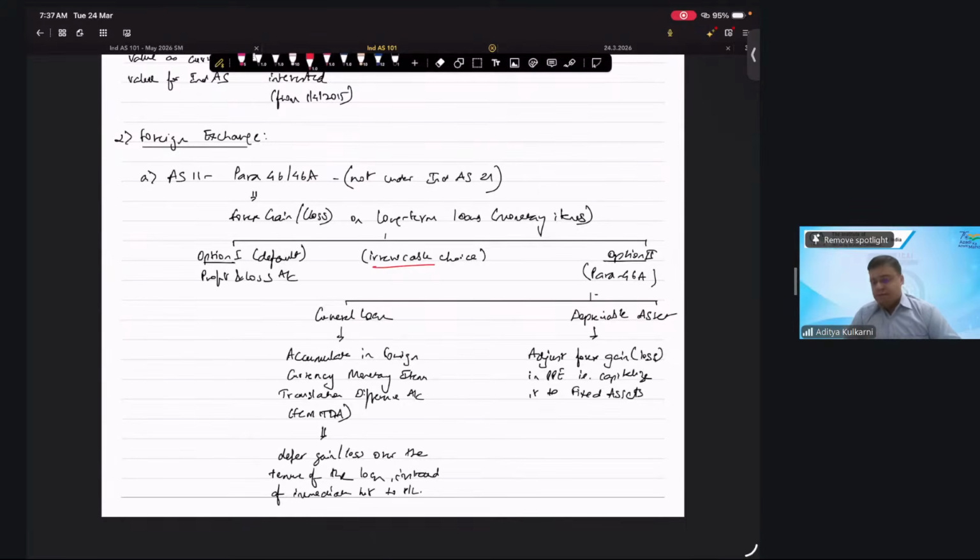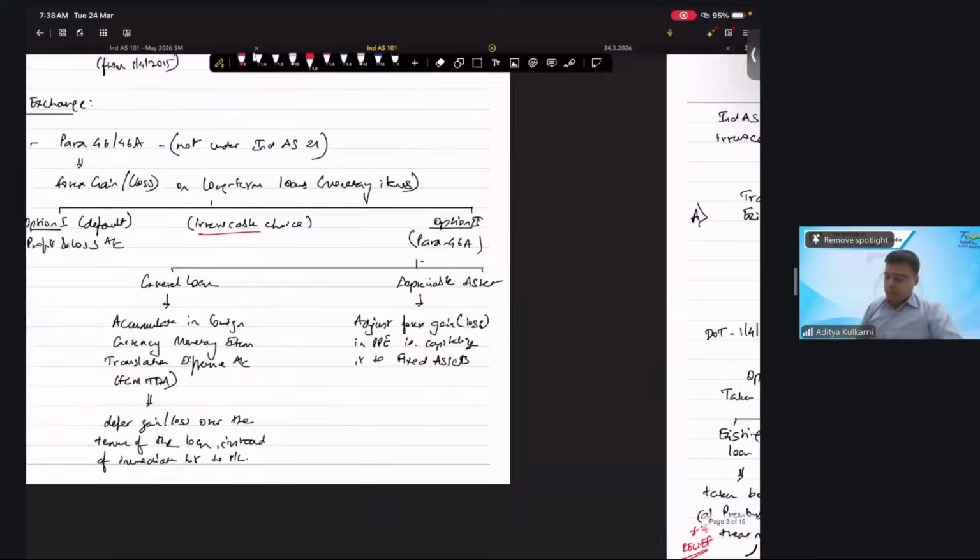You are having a general loan that is taken. So in this particular case, whatever be the fluctuation in the foreign exchange, you will take that to a separate foreign currency monetary item translation difference account. And then you will defer the gain or loss over the tenure of the loan instead of intermediate hit to the P&L. Are you able to follow?